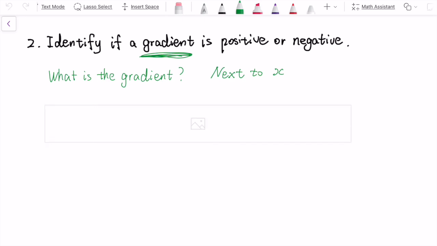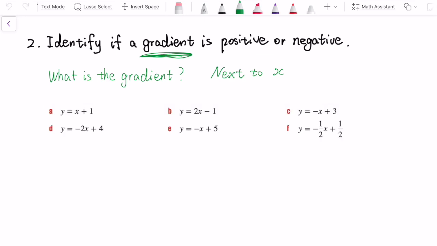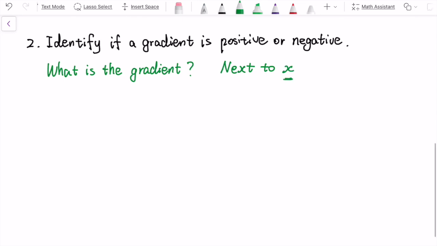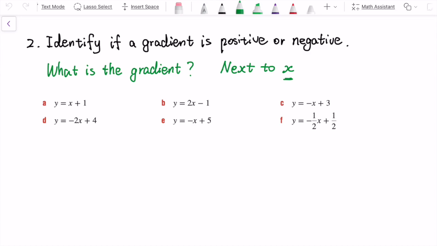For example, now you can see some linear equations. Here is the question. What is the gradient? The answer is next to x. Let me give you some examples. As you can see, there are some linear equations.